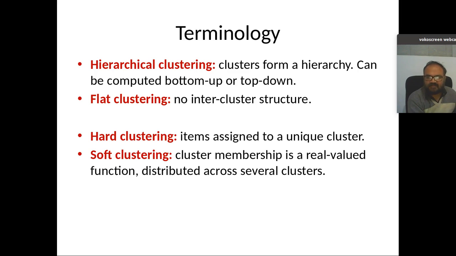Then we have flat clustering, where there is no intercluster structure. Hard clusterings, where items are assigned to a unique cluster. So in hard clustering, a sample can only be part of one unique cluster. But on the other hand, we can have soft clustering, where cluster membership is a real valued function, and it is distributed over several clusters.